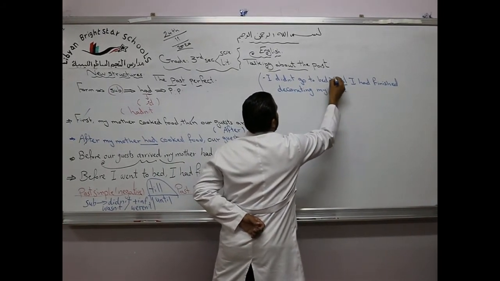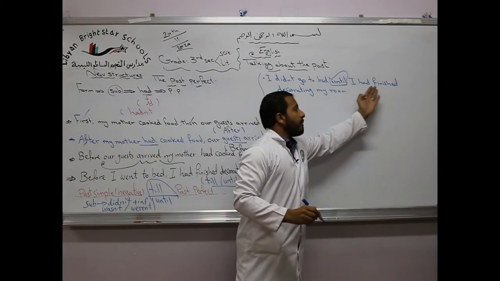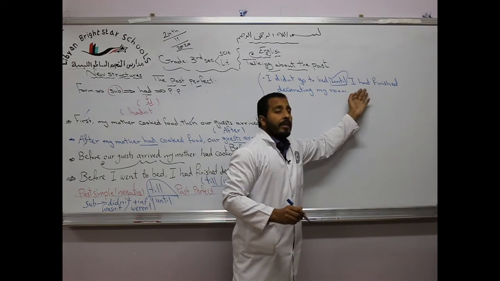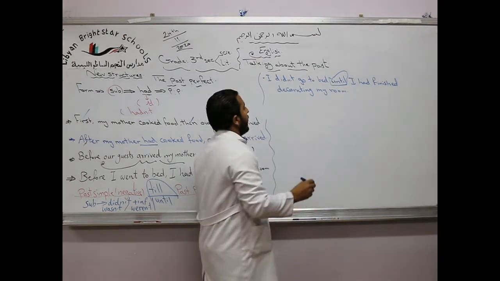So we used until in the middle of the two sentences. It must be followed by had and past participle, past perfect, preceded by past simple negative.